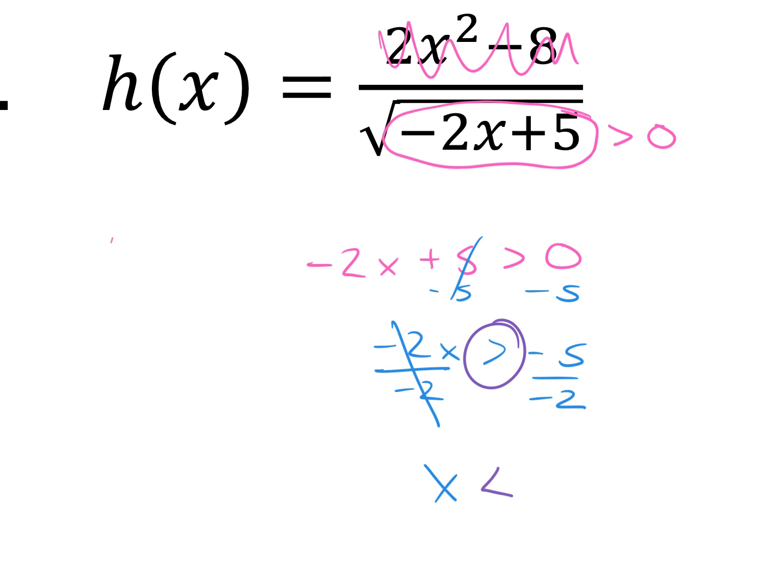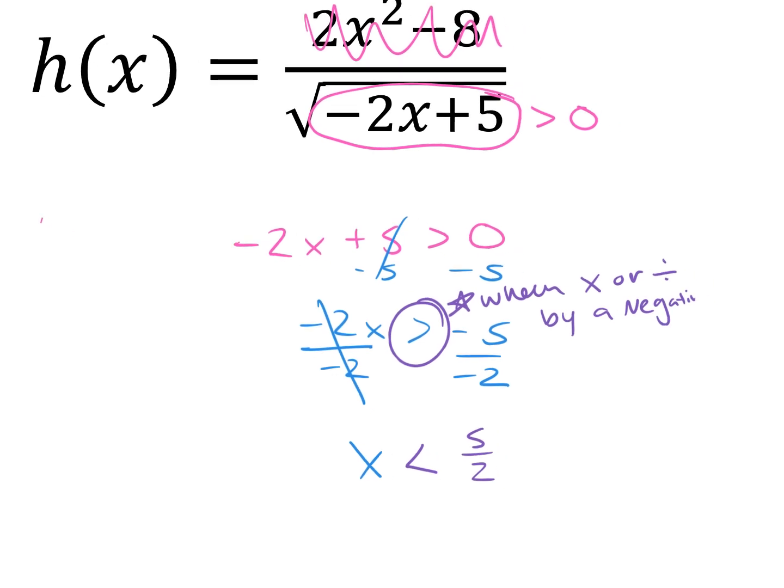So it'd be less than 5 over 2. Don't forget to flip the sign. A lot of people forgot on the quiz. So whenever you multiply or divide by a negative, flip the sign.